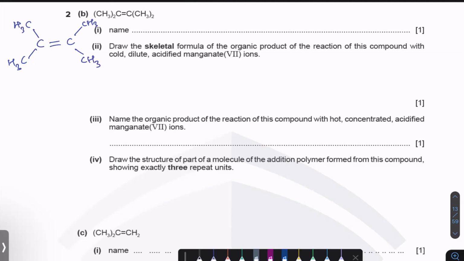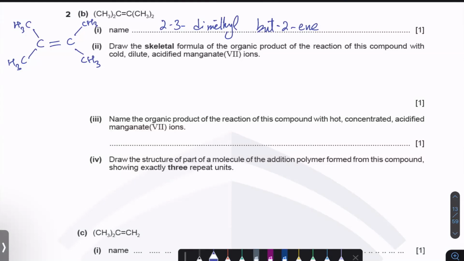So start anywhere, let's say 1 2 3 4. So the long chain is but, it has a double bond, so butene, and the double bond is on the second carbon. Then there's a branch here and there's a branch here on the second and third carbon. So 2,3 dimethyl butene.